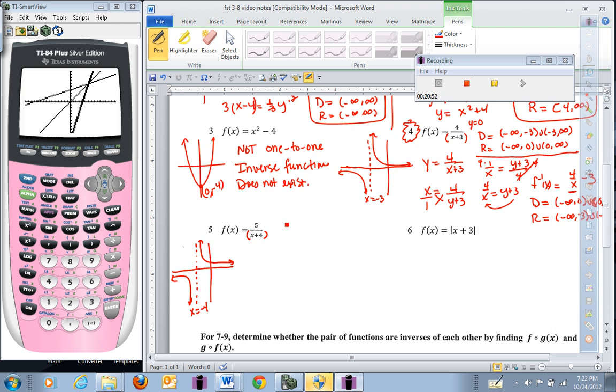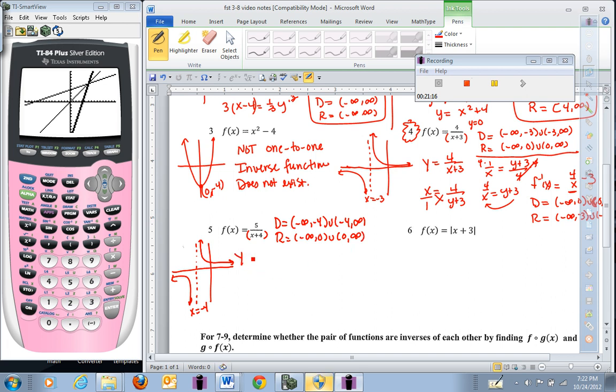Sure does. So the domain of this is all real numbers except -4. And the range is going to be all real numbers except 0. The degree of the numerator is less than the degree of the denominator. That's case A on our note card, isn't it?